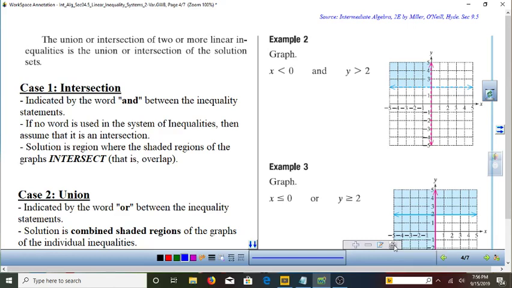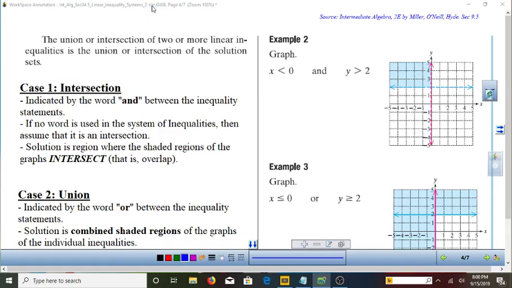Now, solving a system of two linear inequalities in two variables is the same as solving an inequality in two variables, but looking at where regions overlap or intersect.